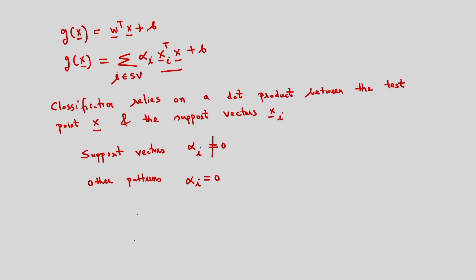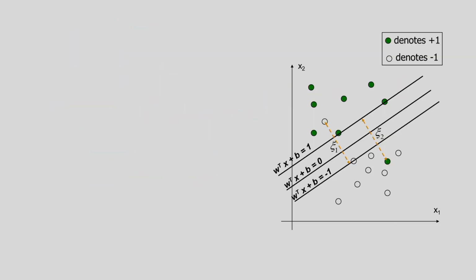Let us consider now what will happen if this data is not linearly separable, and suppose I have noisy data or outliers. Whether this model can be modified, and what modification I need to do, we need to consider.